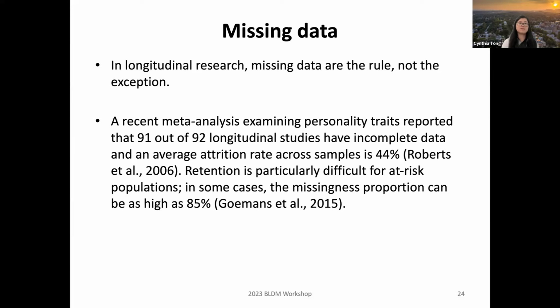A recent meta-analysis examining personality traits reported that 91 out of 92 longitudinal studies had incomplete data, and the average attrition rate across samples is 44%. And retention is particularly difficult for at-risk populations. In some cases, the missingness proportions can be as high as 85%.